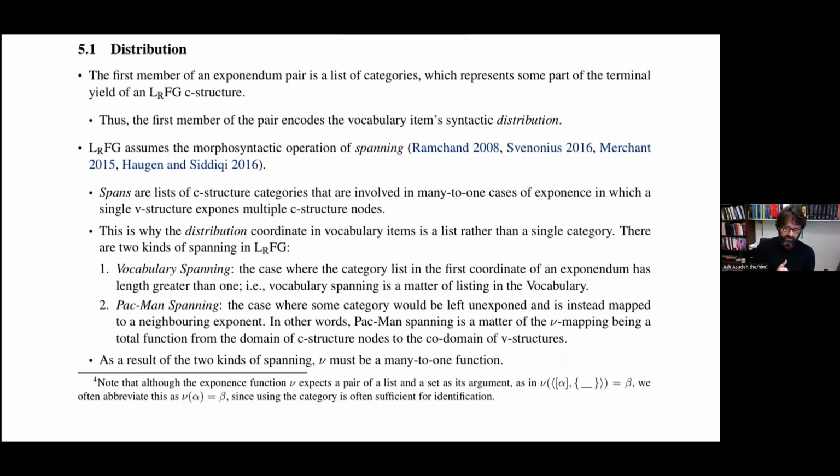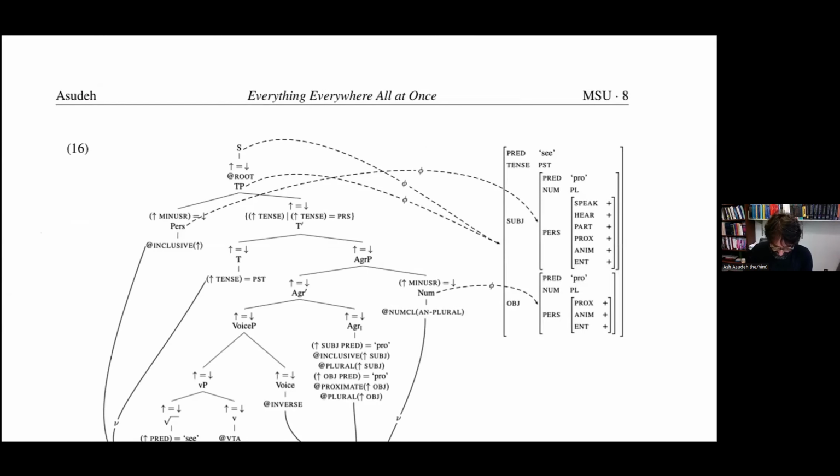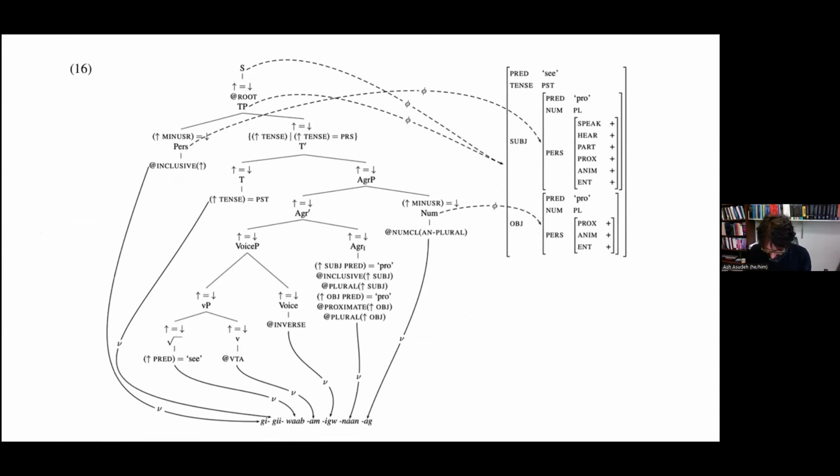As a result of the two kinds of spanning, this function V, the exponents function, must be a many-to-one function. But that's okay. The C structure to F structure mapping function is also a many-to-one function, as we already implicitly saw, right? For example, both the S node and the TP node, and in fact everything on this whole path, anything where you see up arrow equals down arrow, is all mapping to this same F structure.